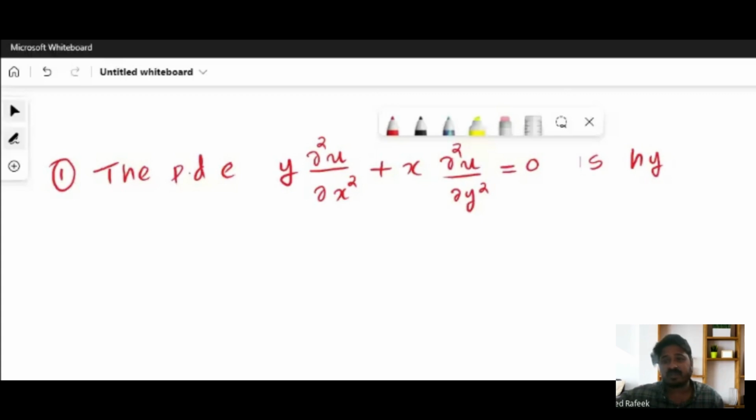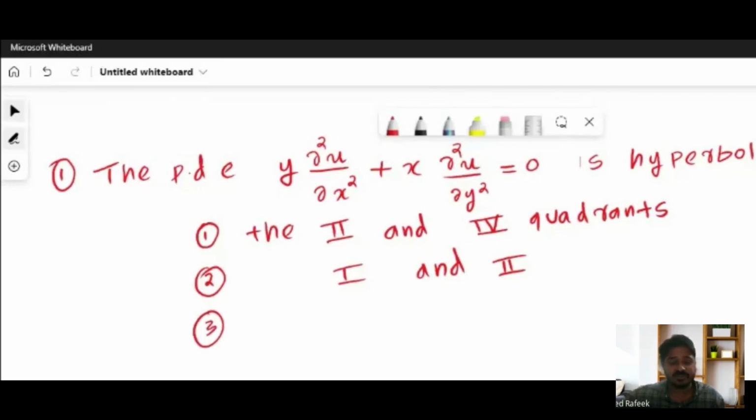Option A, the second and fourth quadrant. Option 2, first and second quadrant.